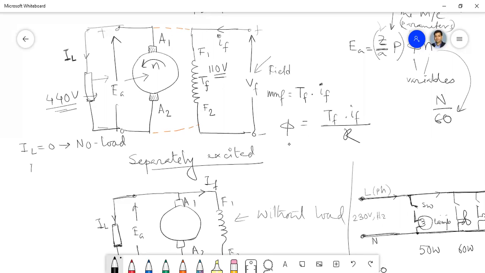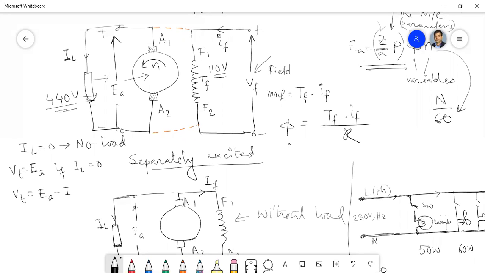That is the induced voltage EA, the same voltage we get by this expression. So we get this voltage across the terminal only when the load current is 0, but for other loads we will not get the terminal voltage as EA, because there will be a voltage drop inside the machine itself.